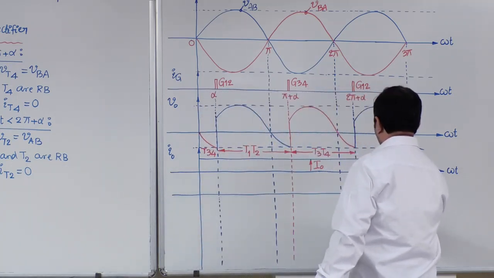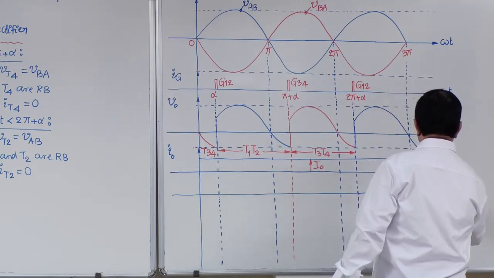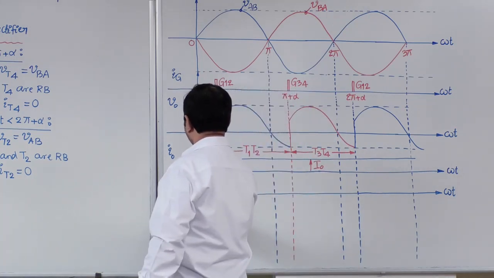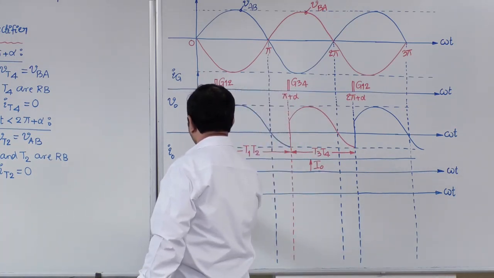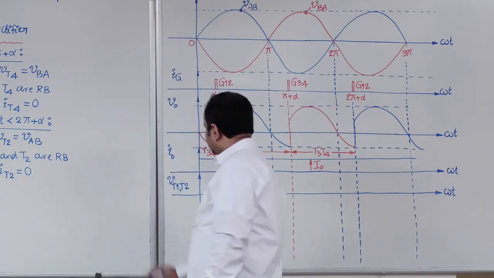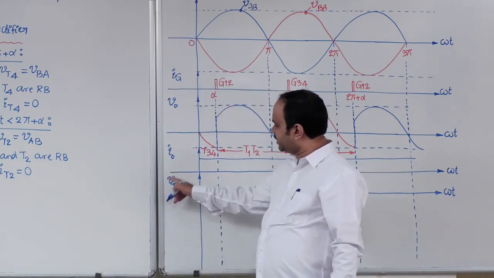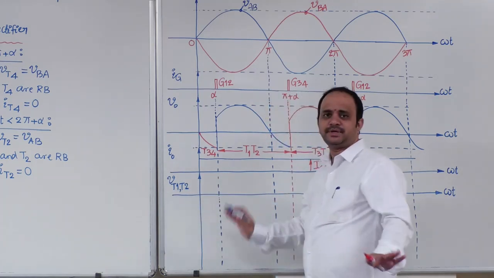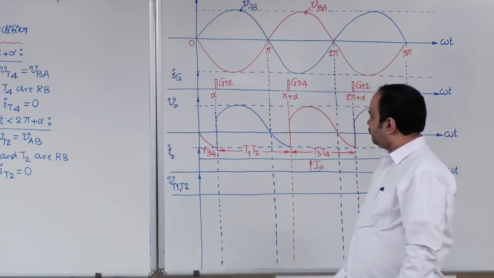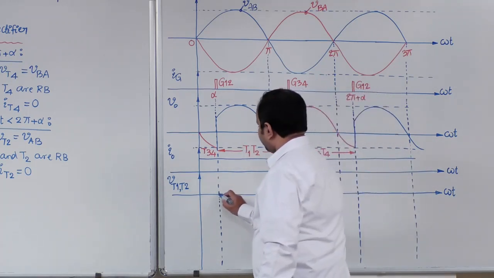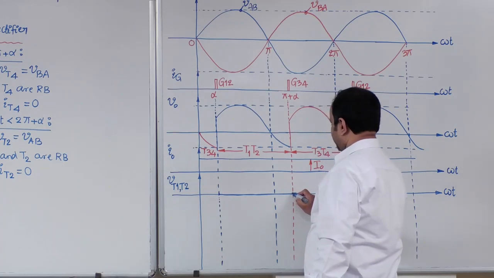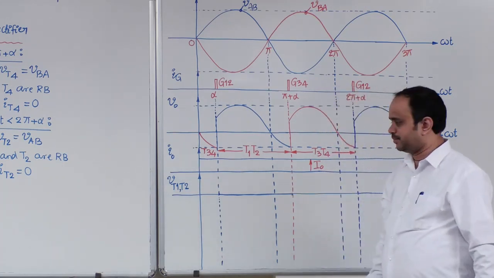That is the voltage across T1 and T2 waveform. Okay, voltage across T1 and T2, right? So this indicates that the VT1 and VT2 waveforms are just the same. Now, whenever the T1 T2 pair is in conduction, the voltage across T1 T2 will be 0.